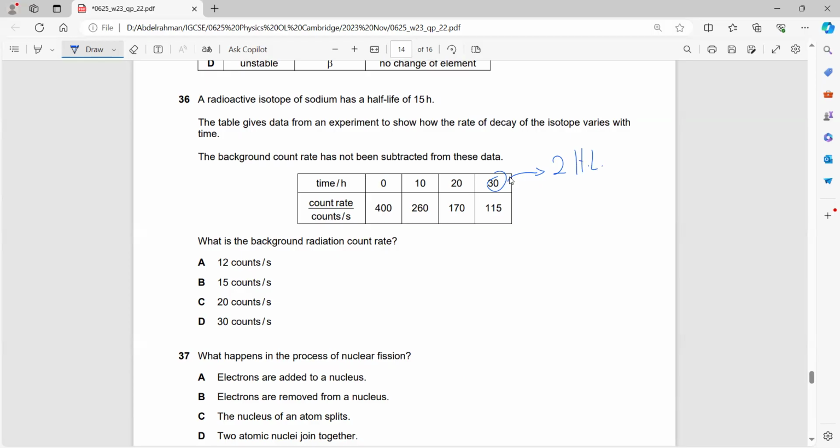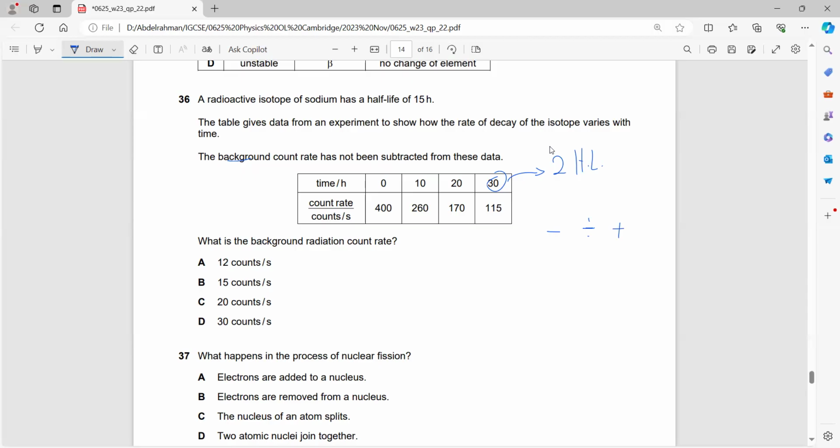Okay, so what should we do? We're going to do 400 divided by 2, 200, and then 200 divided by 2, so 100. If you have background radiation, what should you do? You should subtract, then divide, then add. Minus, divide, plus.